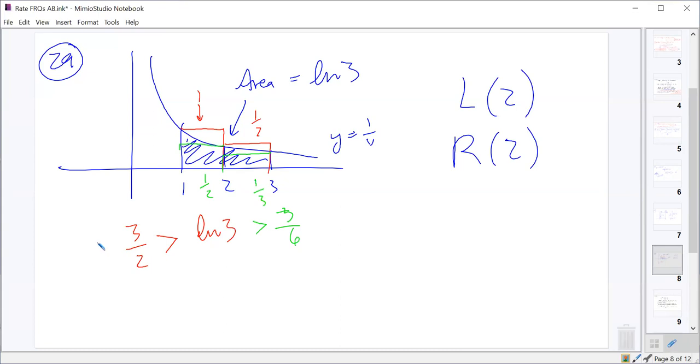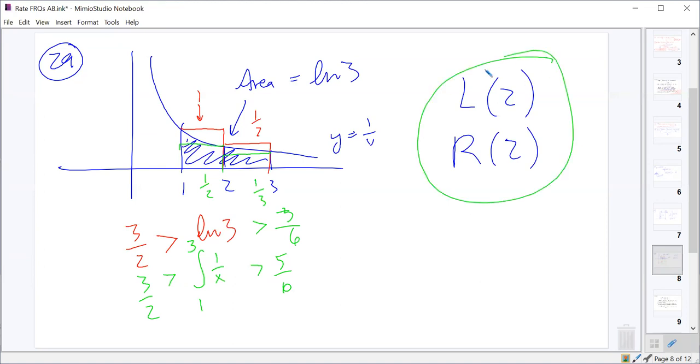Natural log of 3 is just, as we said a minute ago, the integral from 1 to 3 of 1 over x. So whichever inequality matches that. Looks like that is E. So this notation is bad.